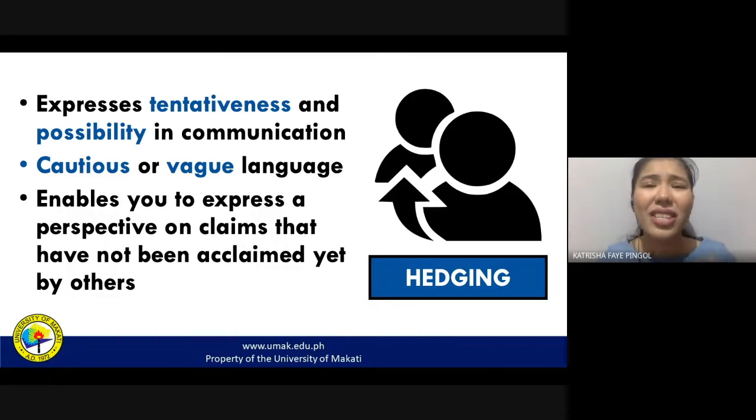Now, hedging is very important in the academic and professional setting. Why? Because it enables you to express a perspective on certain claims that have not been acclaimed yet by others. Meaning, you are trying to express something that is still not verified, something that people are not yet sure of, but you can still express it in a more formal, academic manner.